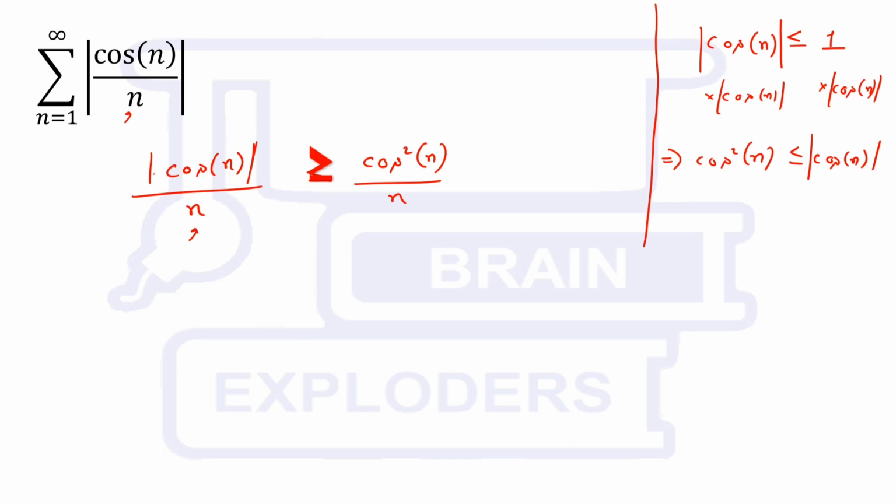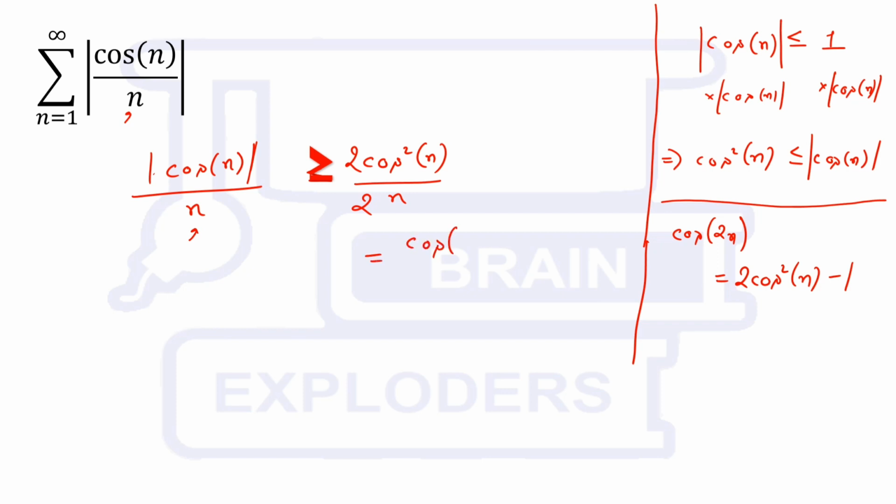Now if we multiply 2 in the numerator and denominator, we can rewrite the terms something like this. We know that cos 2n is equal to 2 cos square n minus 1. From here, in place of 2 cos square n, we can write cos 2n plus 1.